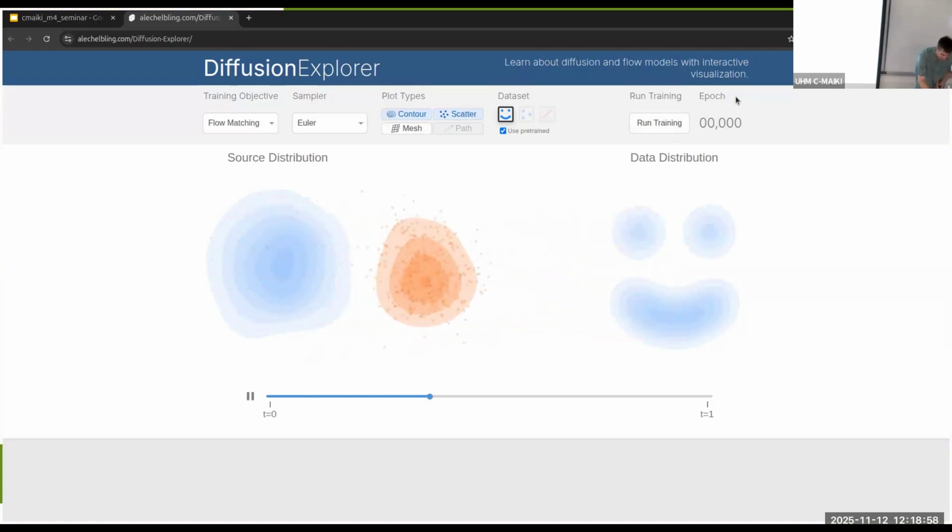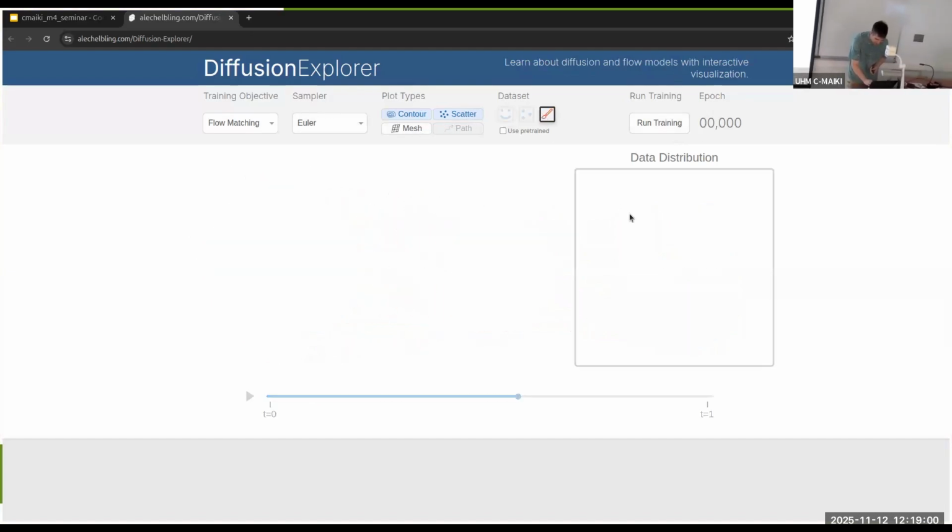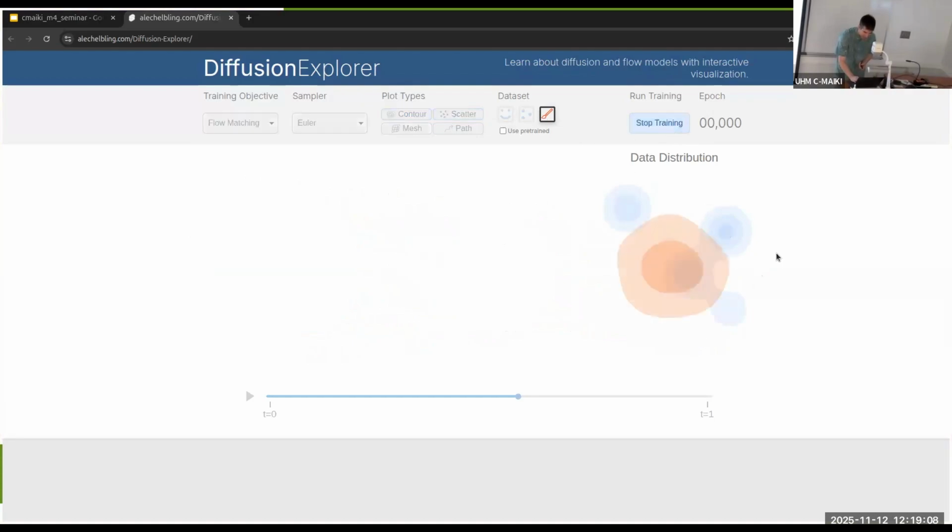So just to give a concrete example, this is some data set that I'm creating. And I can run this training just here in the browser. So this is the model training. It's learning how to model this two-dimensional data.